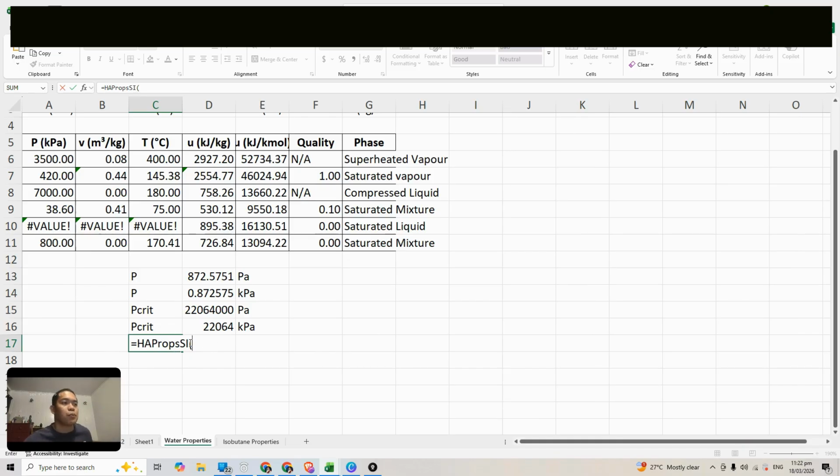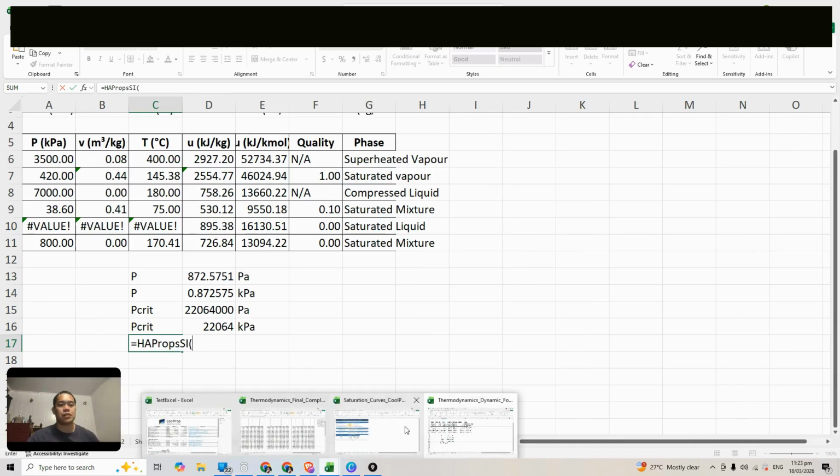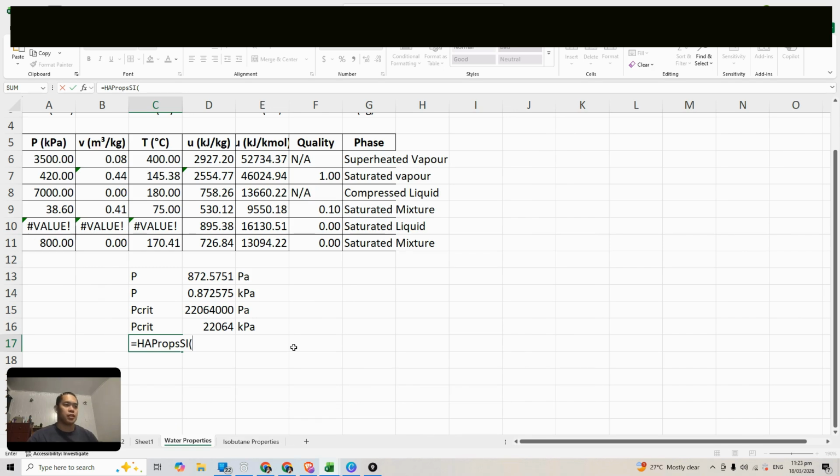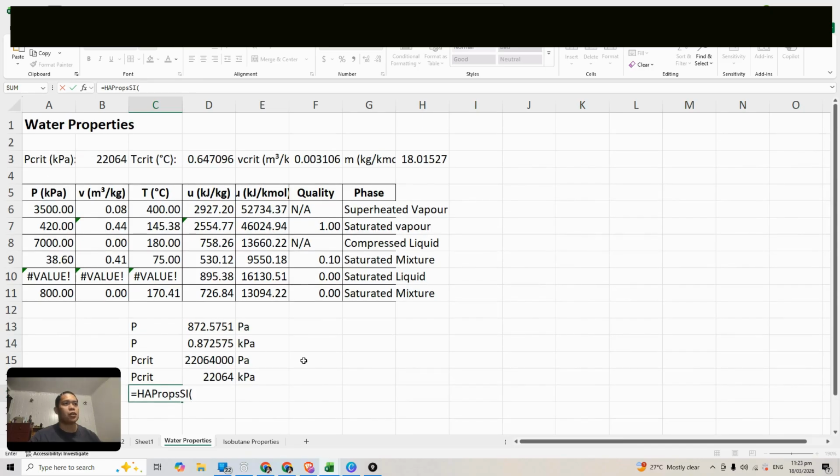So we use HAPropsSI. There are different types, but for now we need to master the basic PropsSI command. So yeah, that's it. For the next lessons, we're going to try to fill up this table. We're going to try to solve a little bit more equations, make graphs, something like that. So yeah, stay tuned. That's basically it.